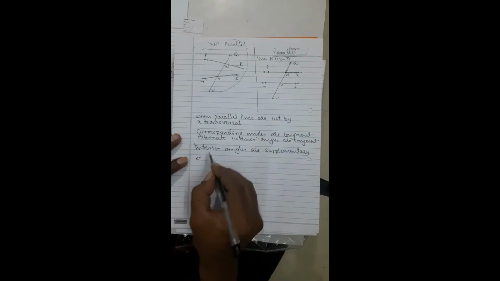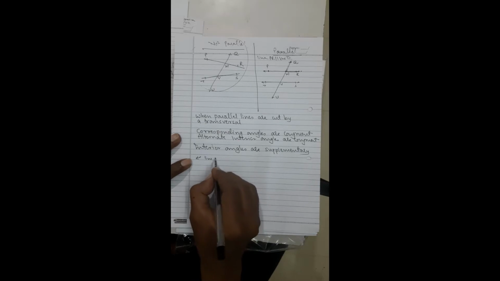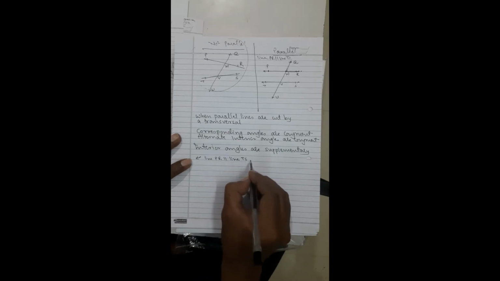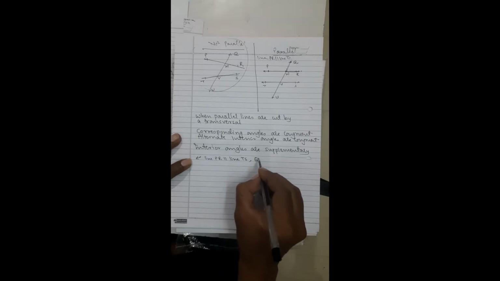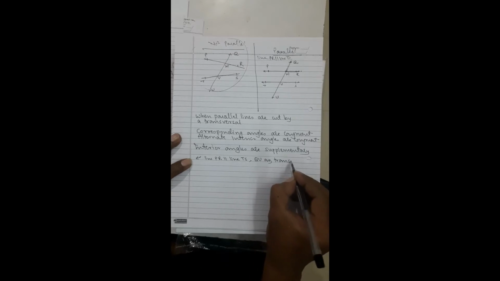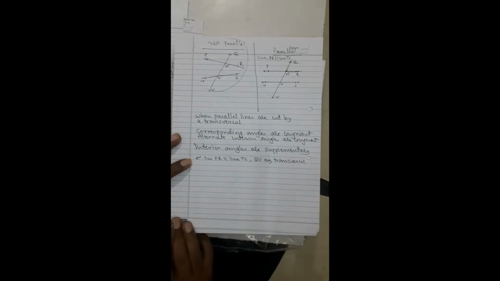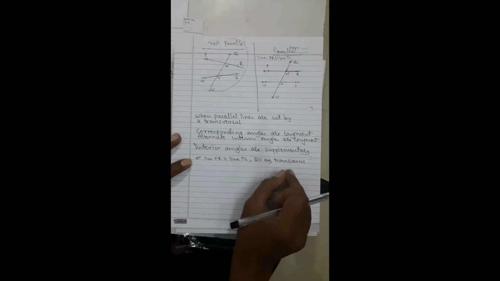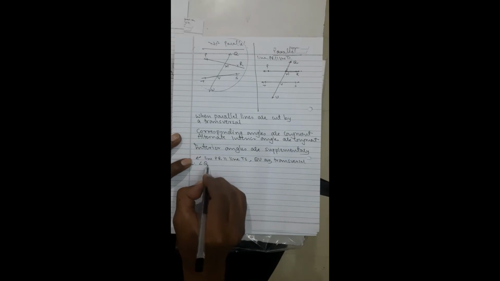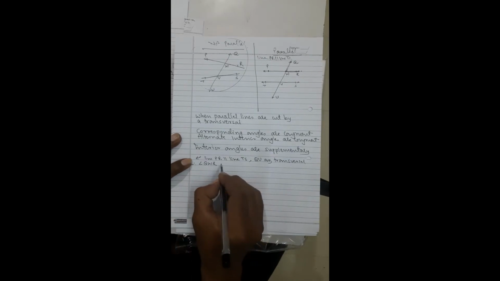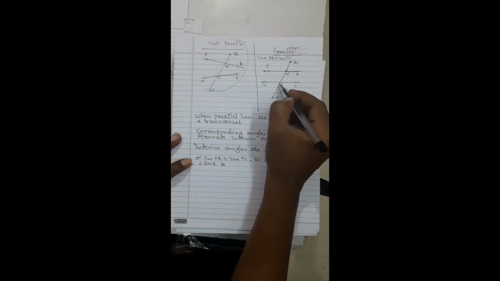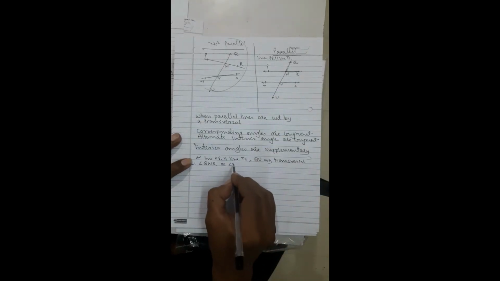Of course, you will have to write here first: line PR parallel to line TS, comma, what is the transversal? QU as transversal. This everything we have to write, my dear students. Which two lines are parallel and which is a transversal? Then angle QWR is corresponding to which angle? QWR goes like this, angle WVS. They will be congruent.